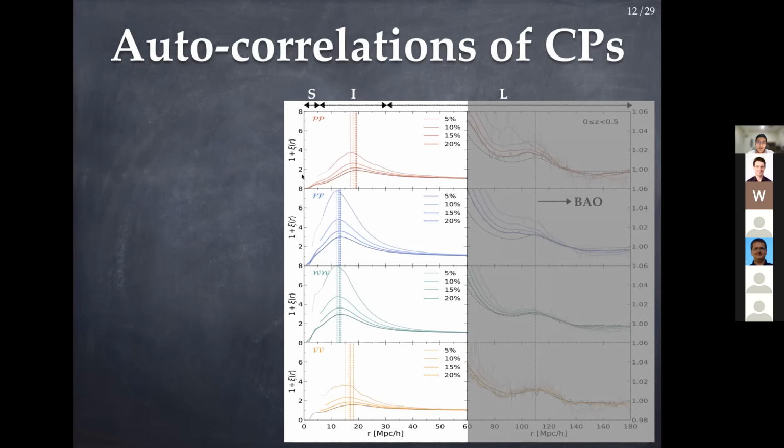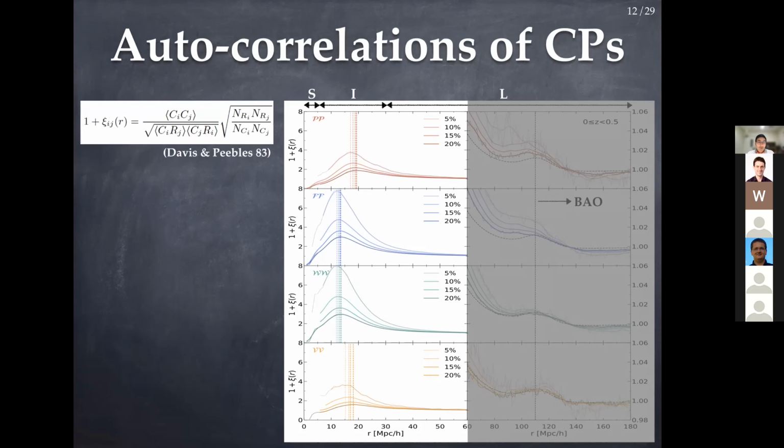So if it is above unity, it means they are more clustered compared to the random distribution cases. Whereas if they are below the unity line, then the clustering is weaker than the random distribution.